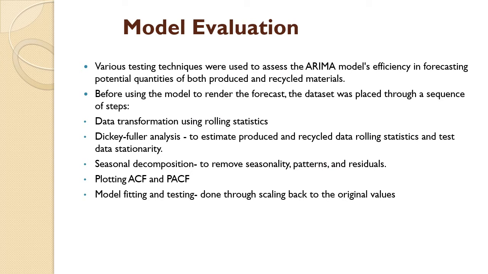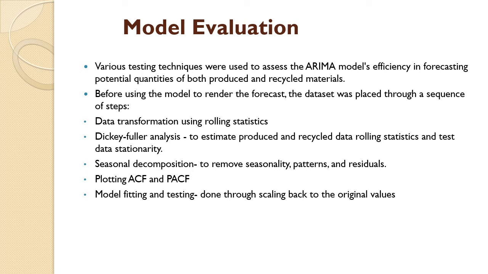For the model evaluation, various testing techniques were used to assess the ARIMA model's efficiency in forecasting potential quantities of both produced and recycled materials. Before using the model to get the forecast, the dataset was put through a sequence of steps. First was data transformation using rolling statistics, which included transforming the values of produced and recycled material amounts.